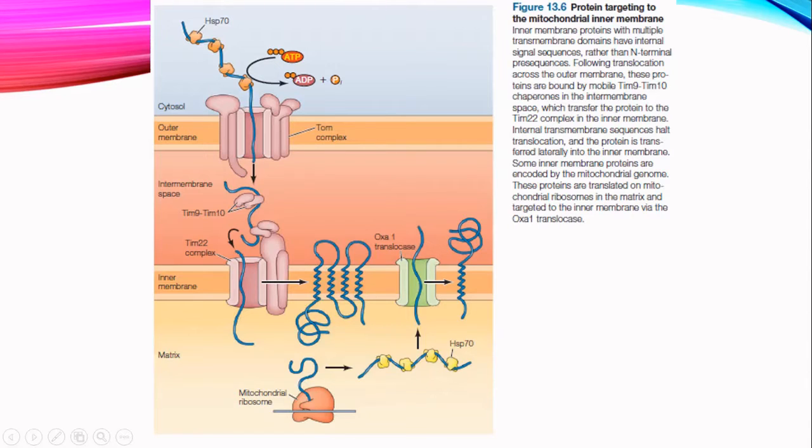Next, protein targeting to the mitochondrial inner membrane. So this is another path. The same thing, it passes through from the cytosol. The protein needs to be attached with HSP70. Without this one, hindi pwede makapasok ang pre-sequence protein.